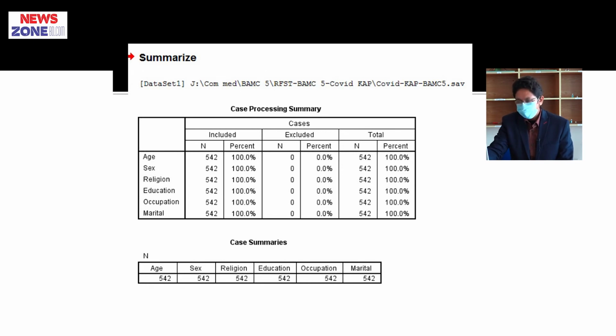In case of age, 542 data are entered, and in case of sex, religion, education, occupation, every row is 542. So there is no missing value. This is just for checking purposes.